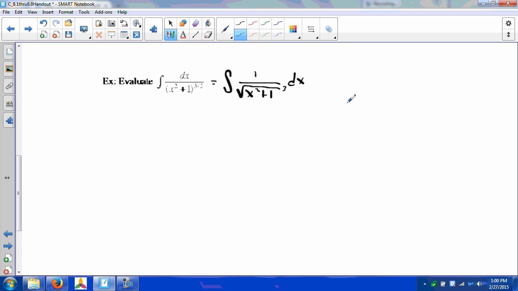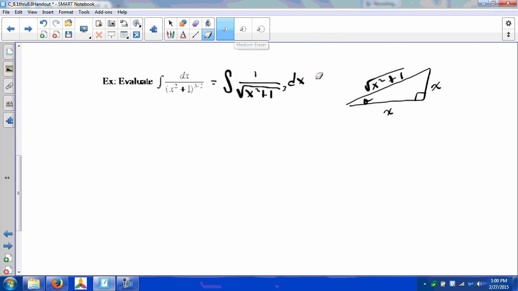Okay, so there we go. So that's a squared plus b squared equals c squared. So this is the square root of x squared plus 1. And then this is x. Or actually, I'm going to make this x.